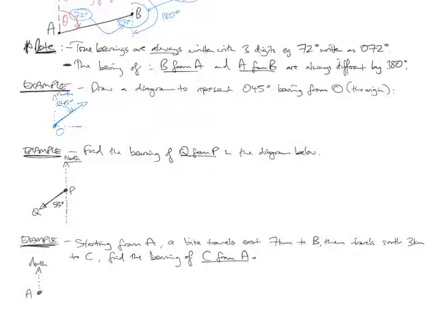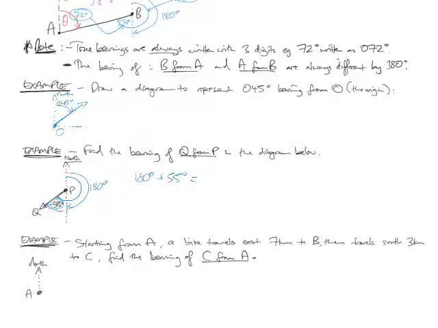Next, find the bearing of Q from P in the diagram below. The bearing of Q from P is actually going to be this angle here, because from P you're facing north, and you would have to turn clockwise all the way to where Q is. So let's have a think. This angle here is going to be 180 degrees, and the remainder is 55, so 180 degrees plus 55 degrees.